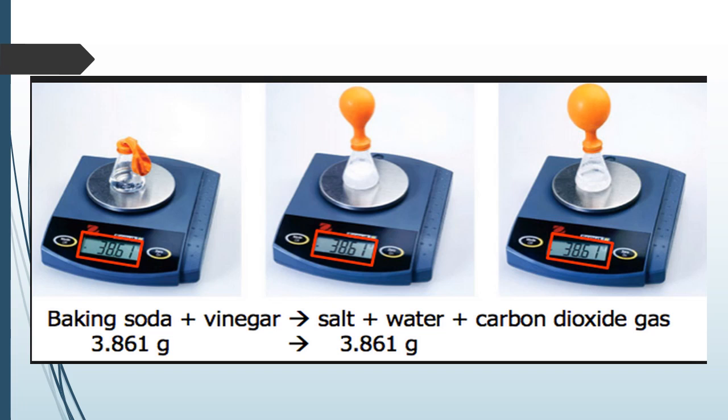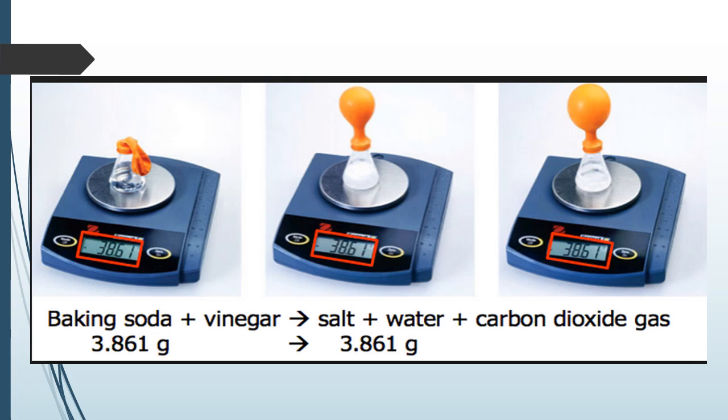So as you see here, this figure, the first one, is showing us the reactants before a chemical reaction takes place. Baking soda plus vinegar with mass 3.861 gram. The second and the third photo show us the products when a chemical reaction takes place.